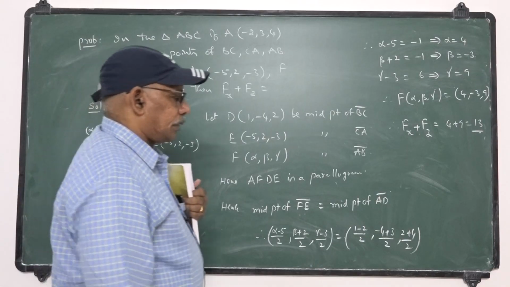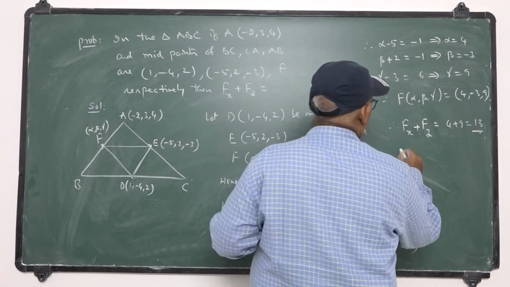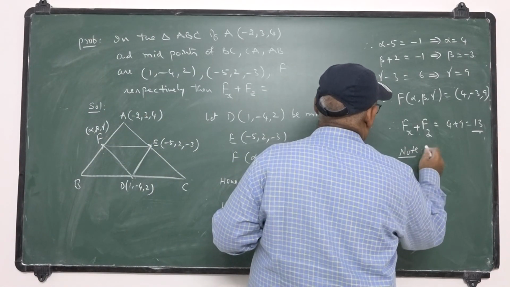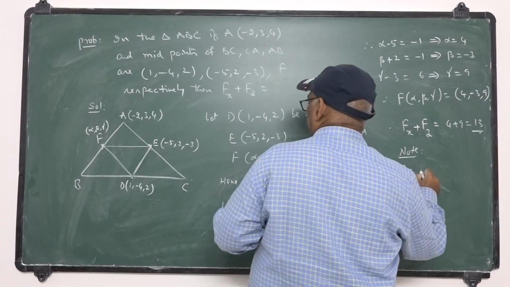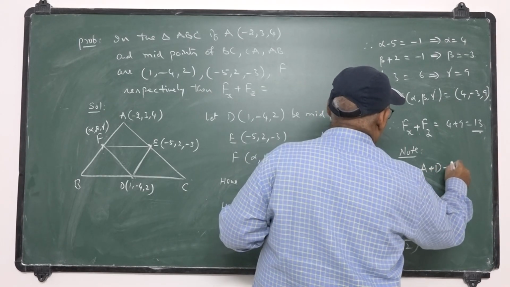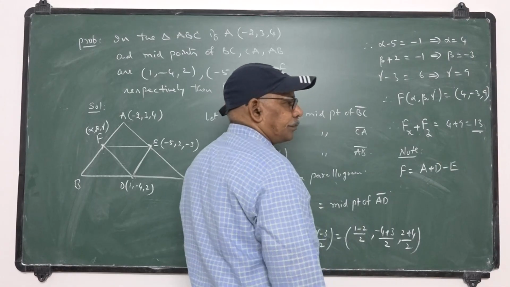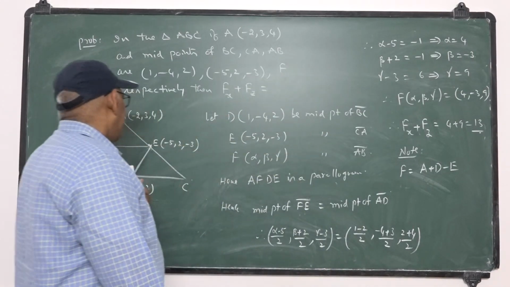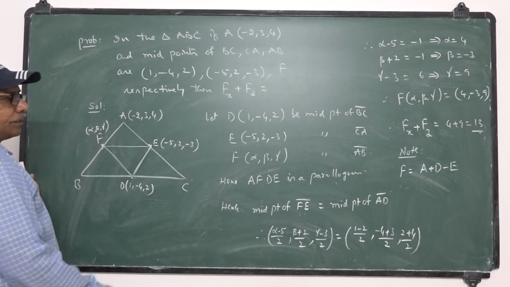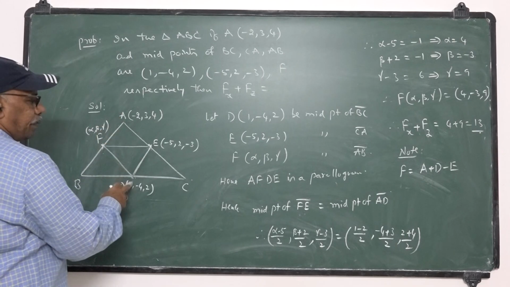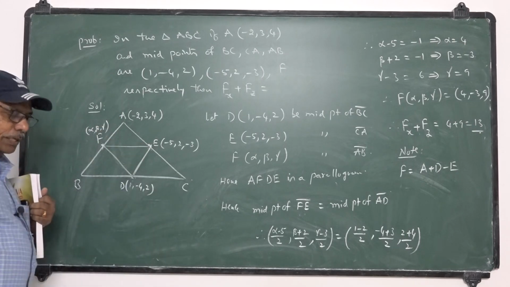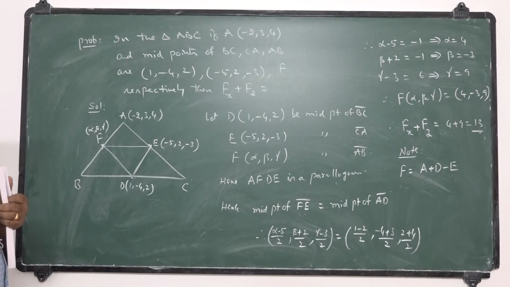Actually, in this case, directly F, the midpoint of AB, is given by A plus D minus E. That gives us F itself.